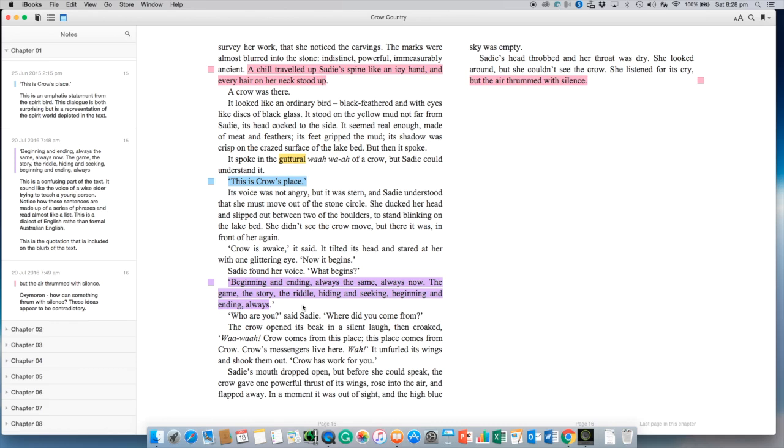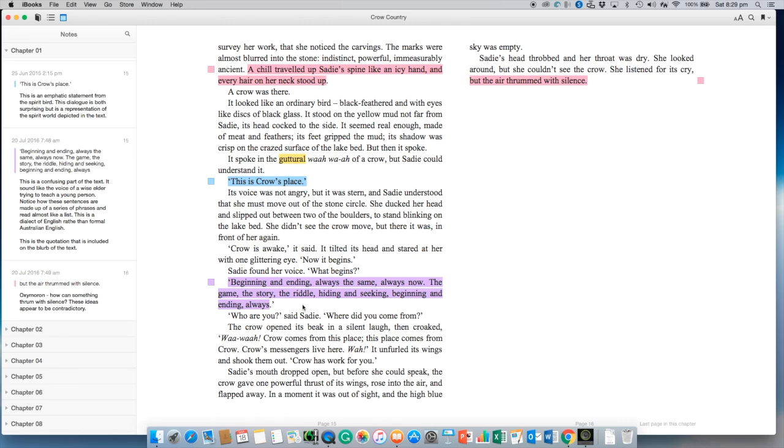And it's in this very staccato beat, isn't it? The beginning and ending, always the same, always now, and this sort of cyclical nature of it all. It's a fascinating way to think about how our lives actually function and the roles that we play in terms of our relationships with people and places. And you'll notice too that when you read through this, it doesn't sound like the way the rest of the text is written.